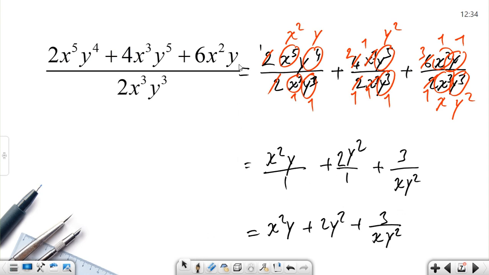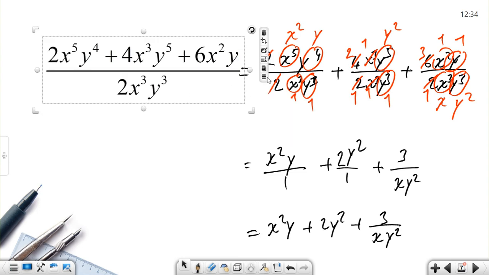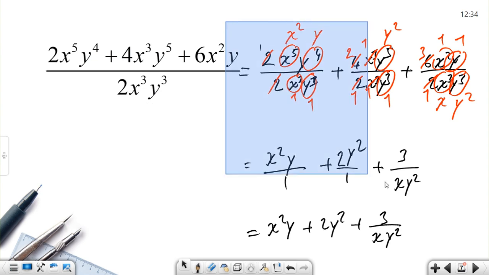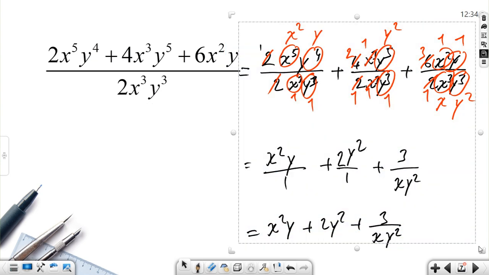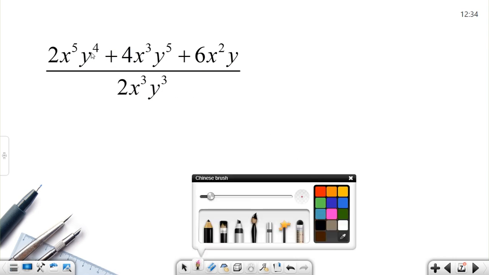Of course, this takes lots of steps here. Now, let's do it mentally. Let's not write all these steps. Let's do it step by step on the algebraic expression. First, I need to simplify that algebraic expression, that one, and I will write directly here. 2 divided by 2, 1.